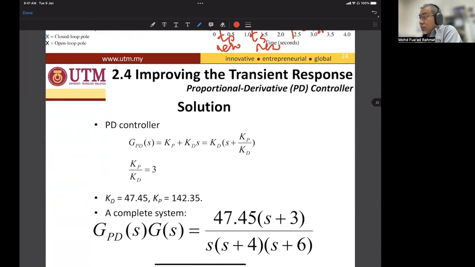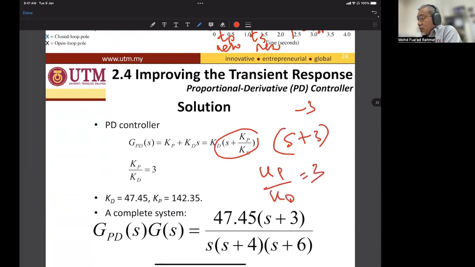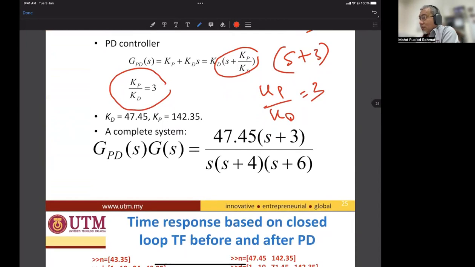So we achieved that the new location of the zero is minus 3. So this one is s plus 3, and Kp over Kd is equal to 3. Automatically Kd is 47.45 and Kp 142.35 by using this ratio. So the complete system is 47.45 multiplied by s plus 3 over s plus 4, s plus 6 multiplied by s.